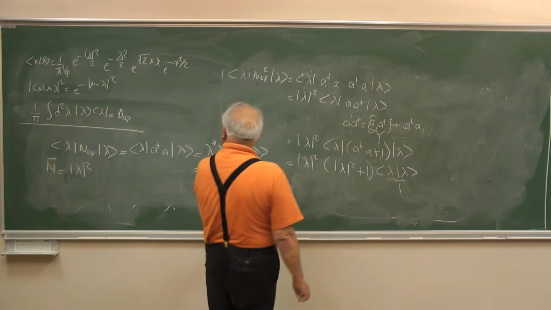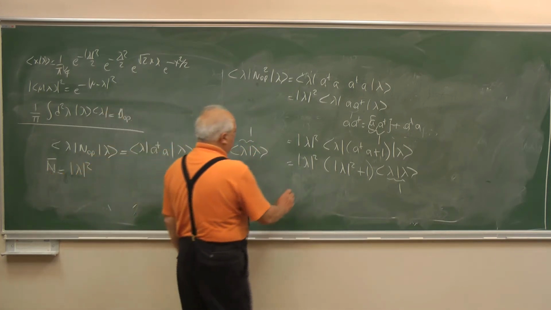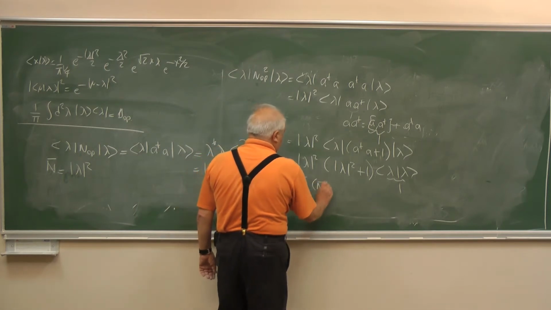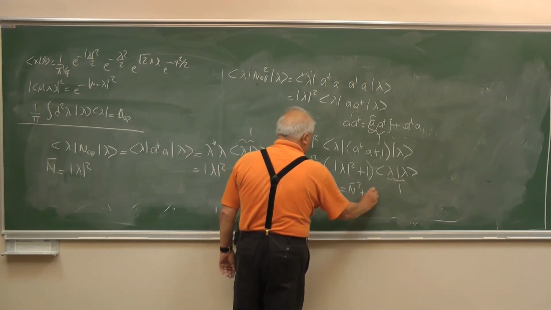But lambda square we just found was the average excitation number, so it is n bar square plus n bar.